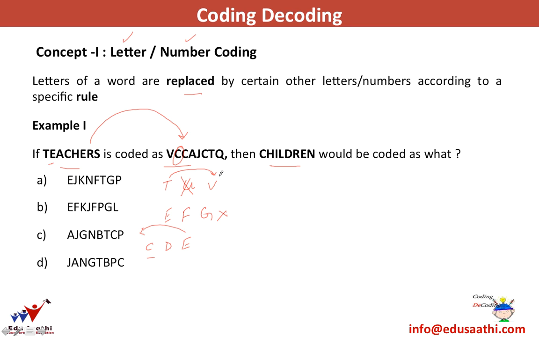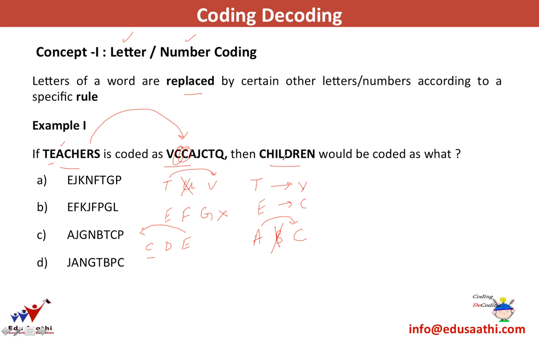So instead of T, we have replaced it with V, and instead of the second letter E here, we have replaced it with C. Let's look at the third. I have A and here I have C. So again, I have A, B and C. The examiner skips out the B and straight away moves from A to C.